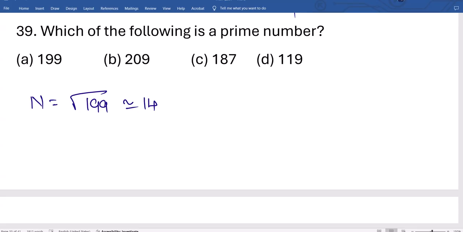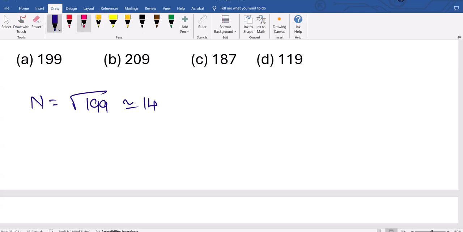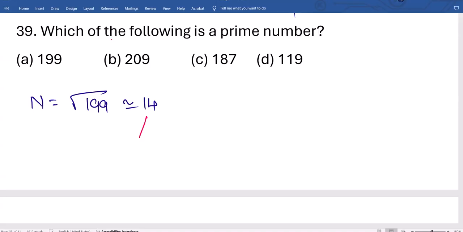So take approximately 14. Next job is to list the prime numbers less than or equal to 14. What are the prime numbers less than or equal to 14? 2, 3, 5, 7, 11, 13. Good. These are the prime numbers.